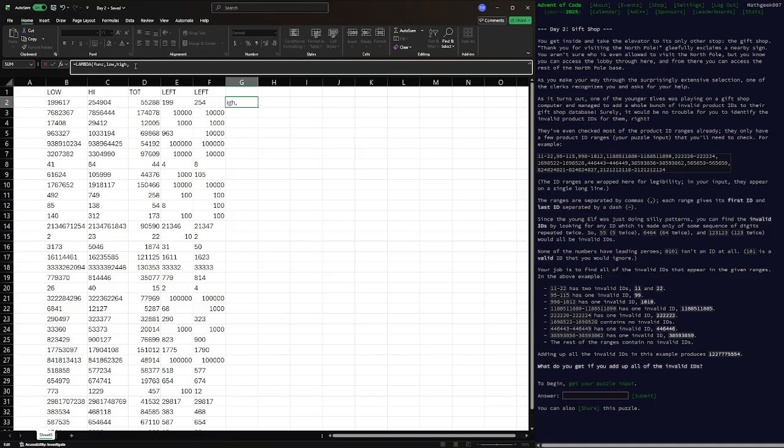The calculation is going to be: if this and this, if I do value of this and this, be greater than low, and less than, greater than or equal to B2, less than or equal to C2, then we add 1, else we add 0.